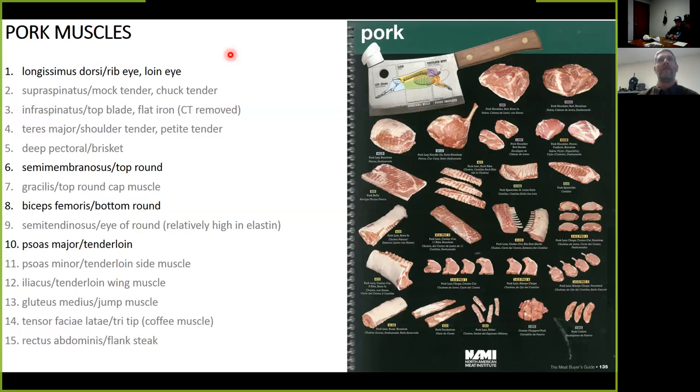Find some? Okay, what about number one, the longissimus dorsi? So 410. Okay, yep. 413. 412 maybe. Did you say 414?